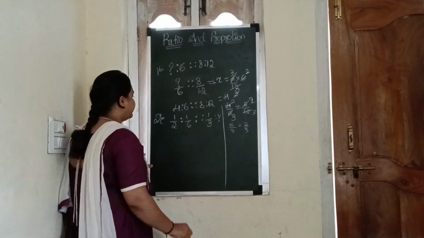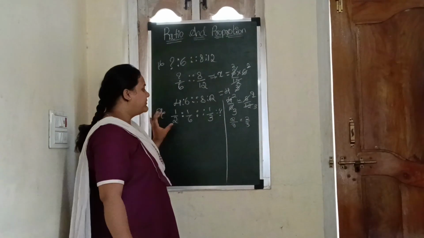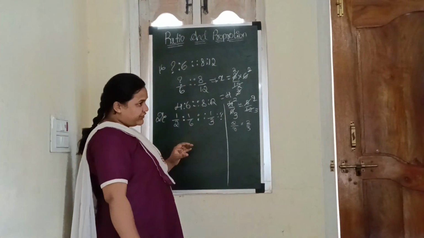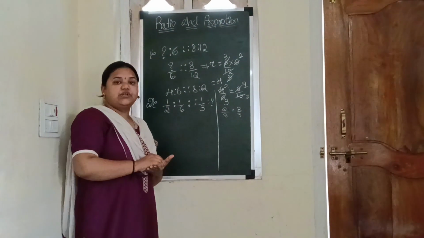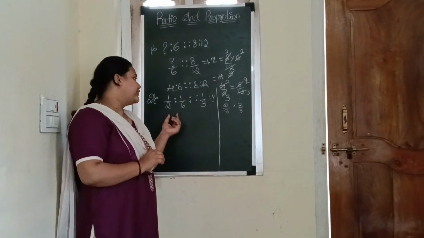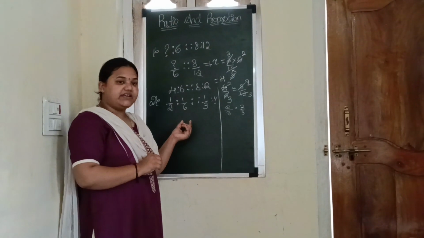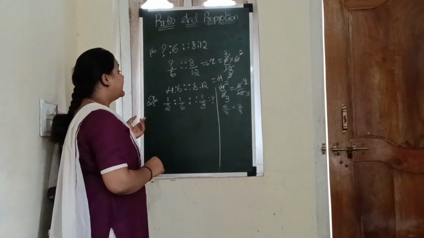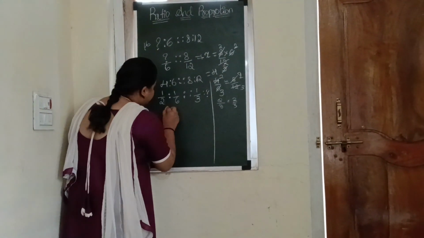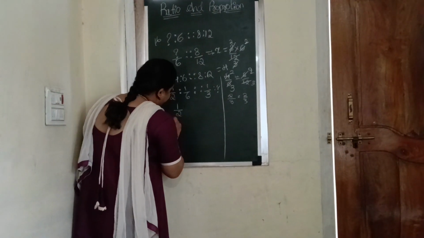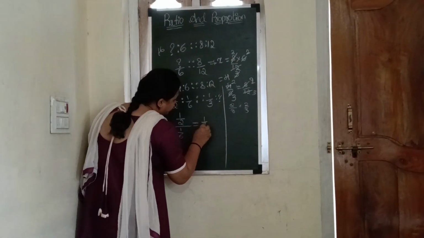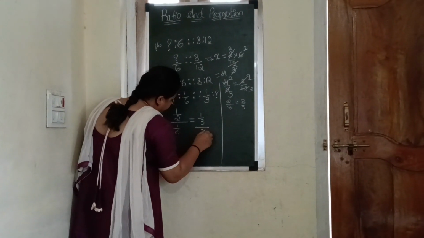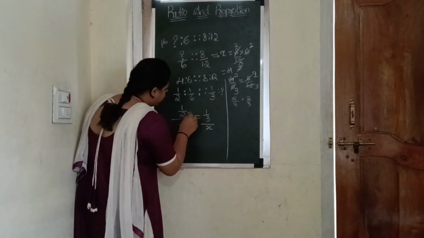So we'll solve another problem. It is in a fraction form. In fraction form also we have to solve as we solved previously. I have told you in the fractions chapter how we have to divide. So now we'll apply here. 1 by 2 whole divided by 1 by 6 is equals to 1 by 3x. So it gets reciprocal.